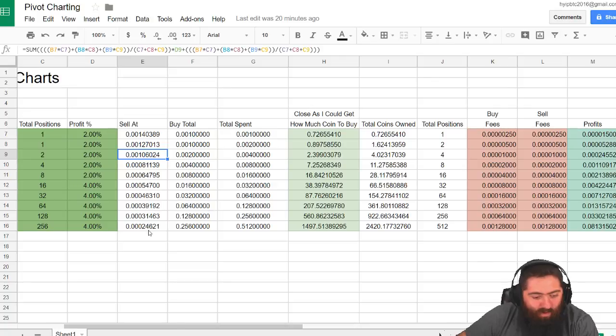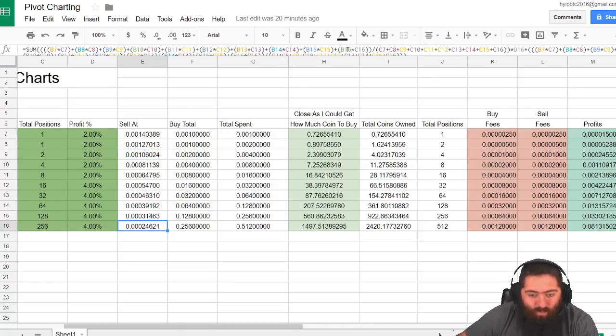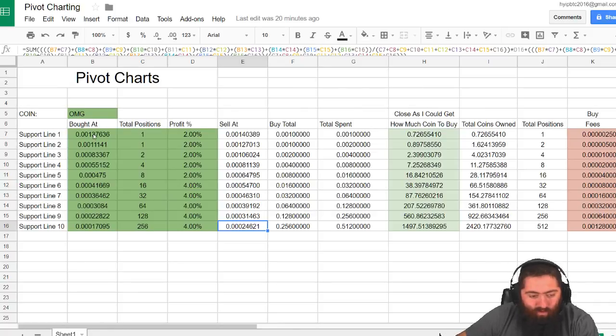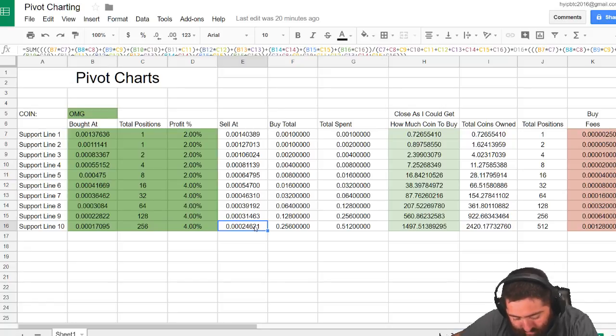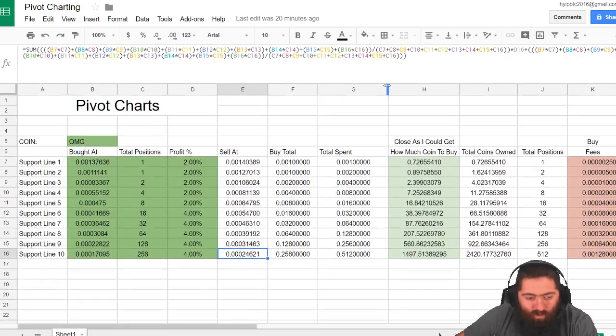Some of these, it's a whole lot, because I'm taking into account everything that we've already purchased and prices and how many we have, and still dividing it out to where we should be buying and selling. I don't even think I can pull that down. Oh, I can. There's the whole formula for that one cell.